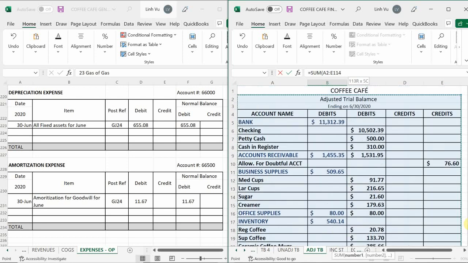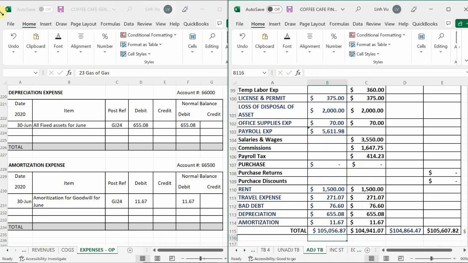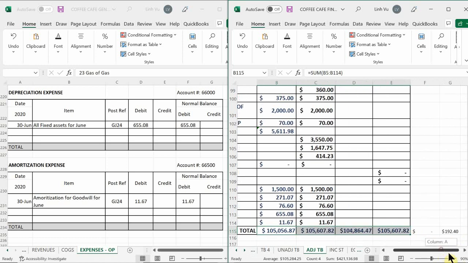So it's quite a lot of accounts we just looked at. Okay. So this one gives me a grand total of 105,056.87. And I'm going to copy this formula all the way through.